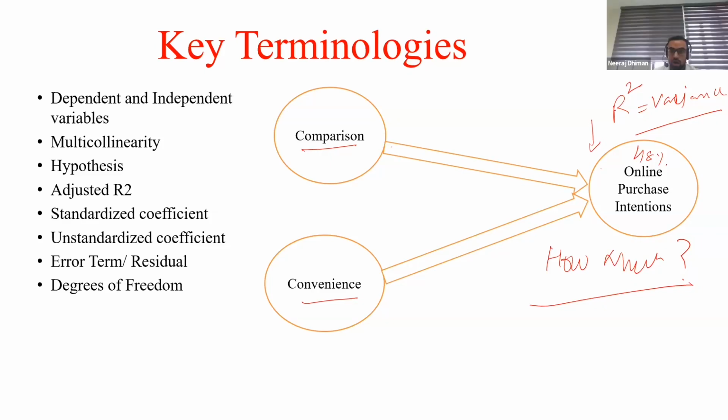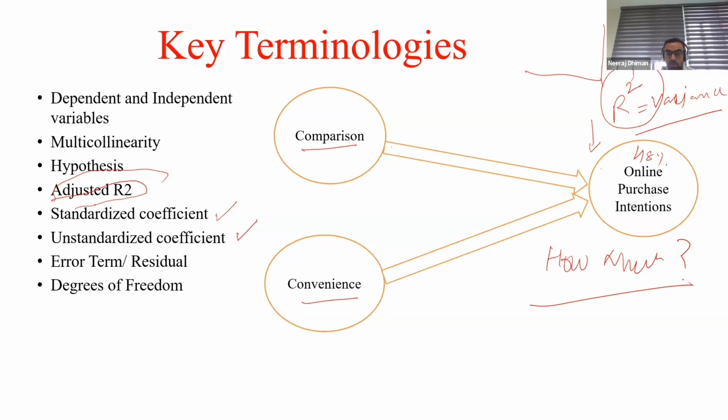After R square, we will talk about adjusted R square. First, understanding R square: it is called the coefficient of determination, and it is categorized into two parts, standardized and unstandardized. The standardized coefficient is used when you need to predict the variable.